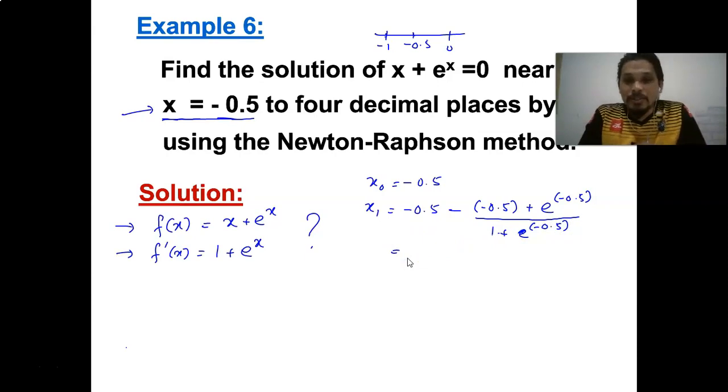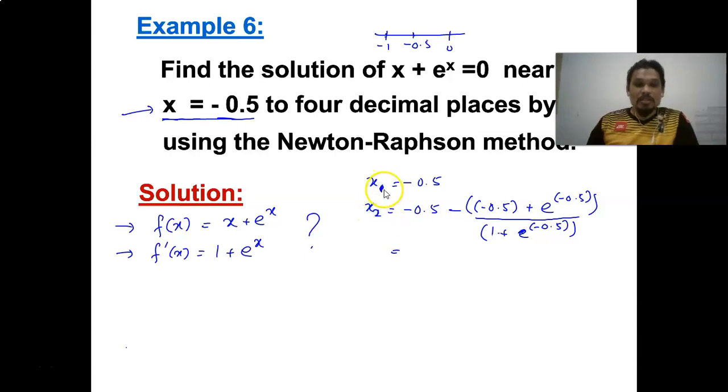Use your calculator to get the answer. In the lecture notes, they use the first initial value of x as x1, and here it is x2. Some books use x0. It's not a big difference. So x2, calculating with your calculator, you will get negative 0.56631.